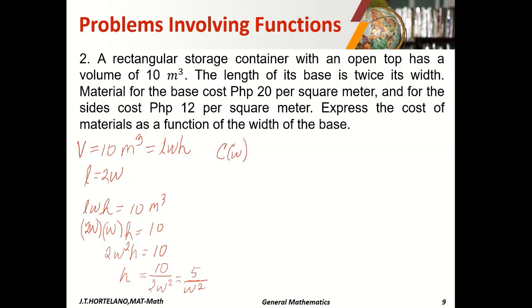So C of W is equal to, sabi dito ay 20 per square meter daw. Length of its base is twice its width. Material for the base costs 20 pesos. So that's 20 times the area of the base. So area is length times width. Okay?